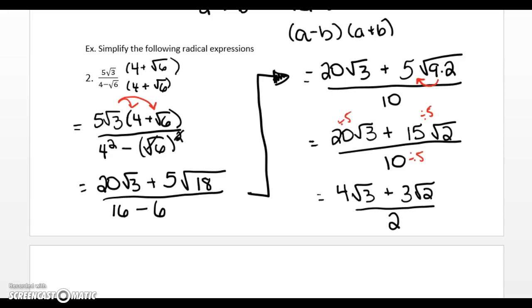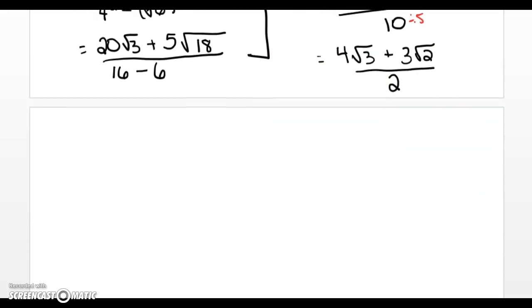Now, if you want to at this point, you can take it a step further, where you could break up this fraction into 2 terms. So we could write our first term with the denominator of 2, our second term with the denominator of 2. So we have 4 square root of 3 divided by 2 plus 3 square root of 2 divided by 2.